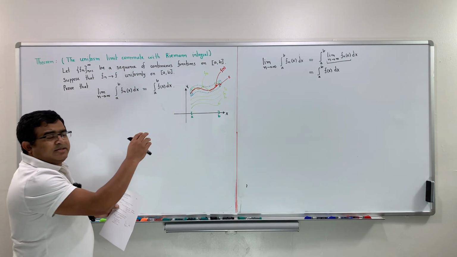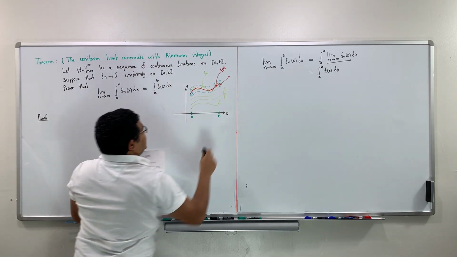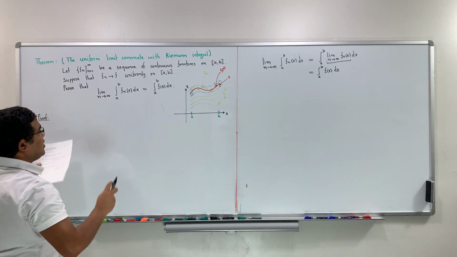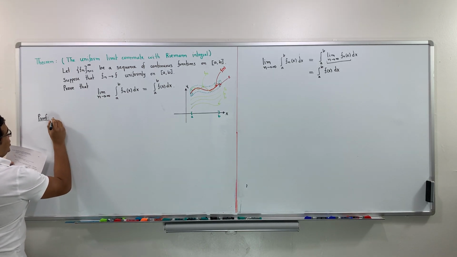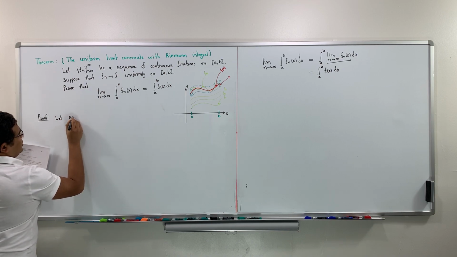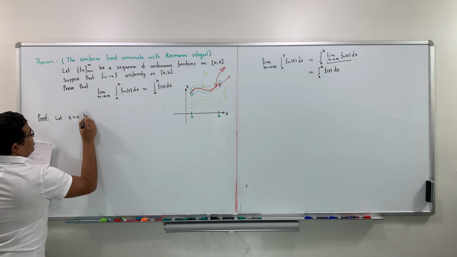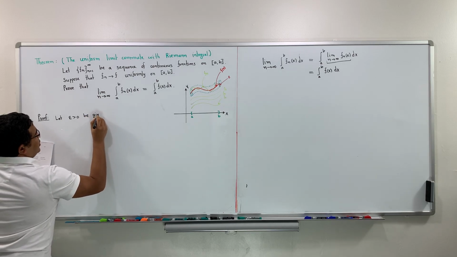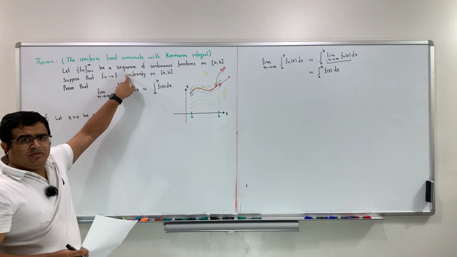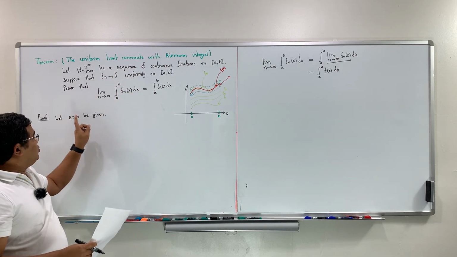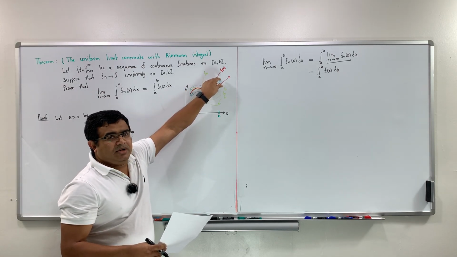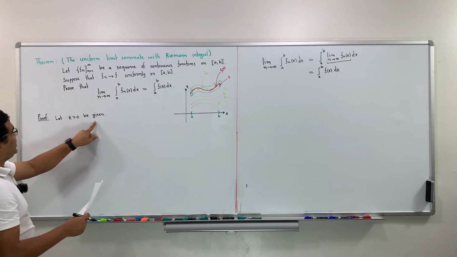Suppose this epsilon is given, and based on that we will prove it. So first we assume, let epsilon greater than 0 be given. Why? Because f_n converges to f uniformly, and for that reason we have an epsilon. How big is that strip? Okay. So epsilon be given.